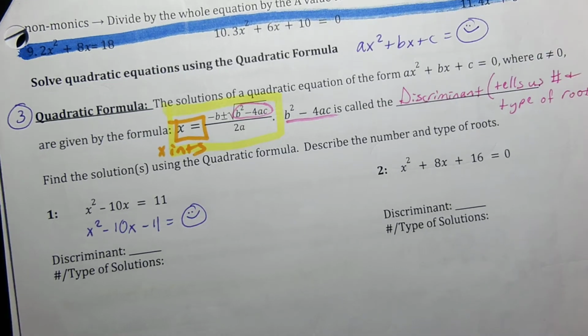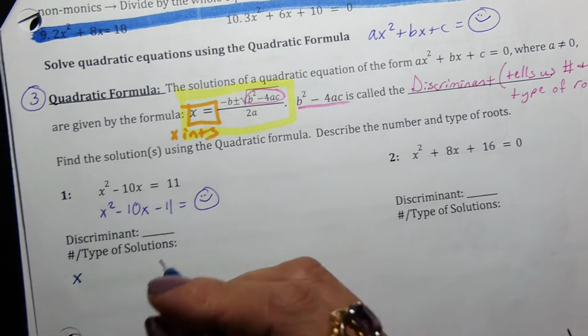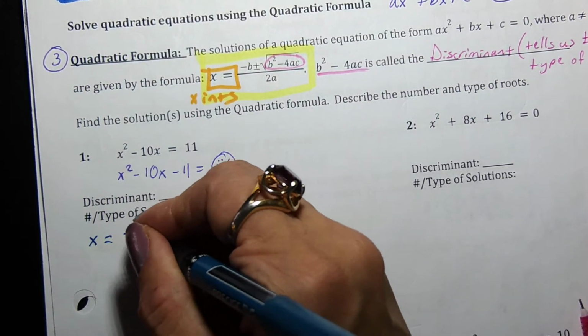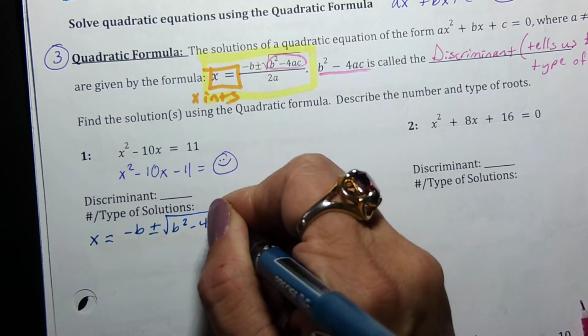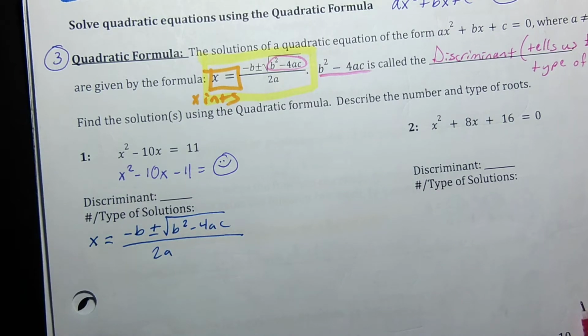So what we are going to do first is we're just going to practice writing the quadratic formula. So we're going to start with x equals, quadratic formula is negative b plus or minus the square root of b squared minus 4ac all over 2a. There it is. I'm not going to make you write it every single time. What I'm going to be modeling is how I kind of sing the song to myself as I'm filling in the values.